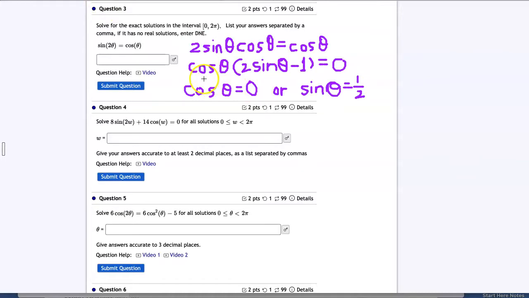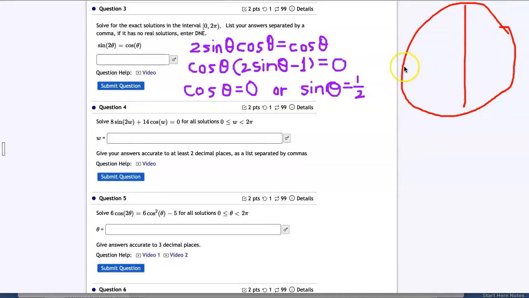So, of course, cosine of theta is equal to 0 is already fully simplified. Set 2 sine theta minus 1 equal to 0, and you can rewrite that as sine theta is equal to 1/2. And then we draw our unit circle, and we identify the locations on the circle where cosine is equal to 0, or the sine is equal to 1/2.